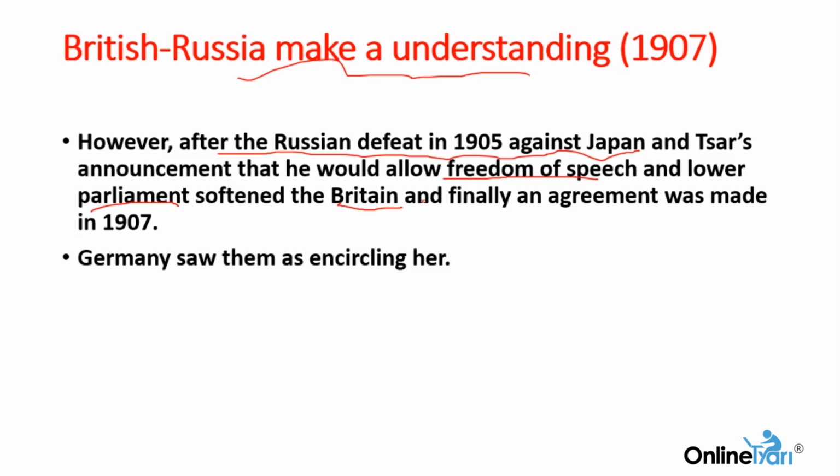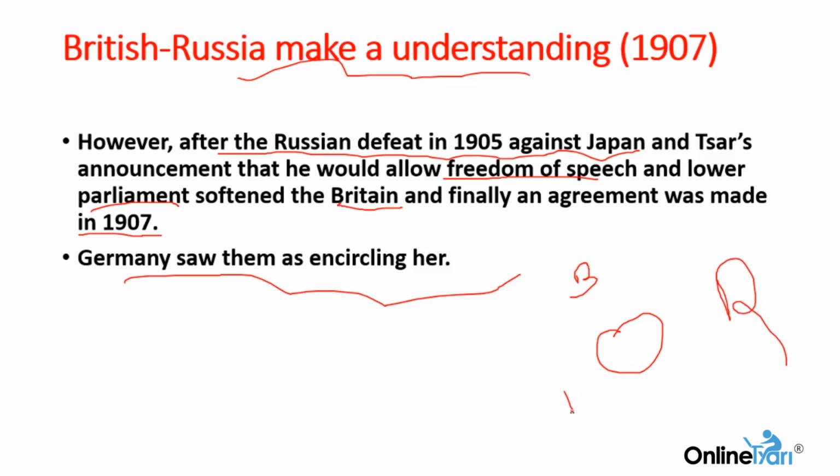So Britain finally had an understanding with Russia, and as you can see, Germany saw them as encircling her, because if Germany is here, Britain is here, and Russia is here, France is here. So imagine a country. Here is Germany.